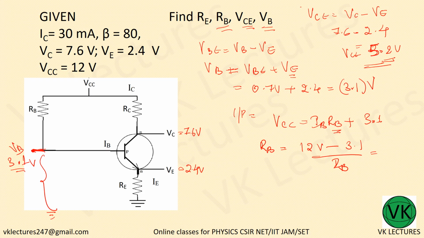So that's equal to 12 minus 3.1, that is 8.9, divided by IC 30 milliampere by beta 80. So we get around 24 kilo ohm.